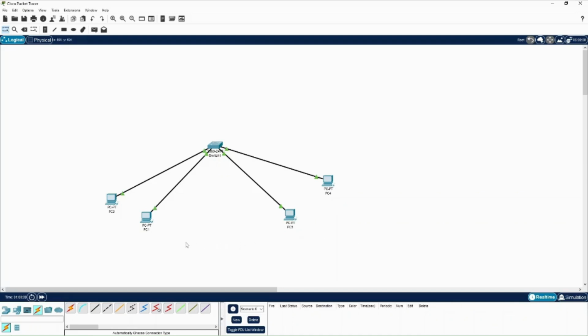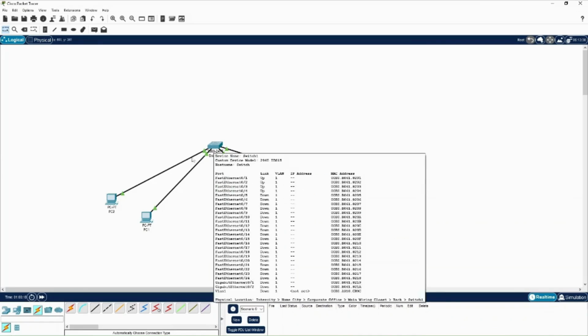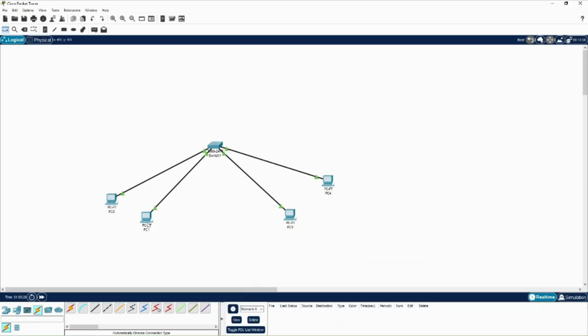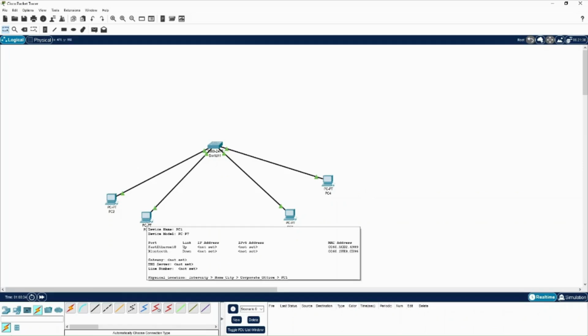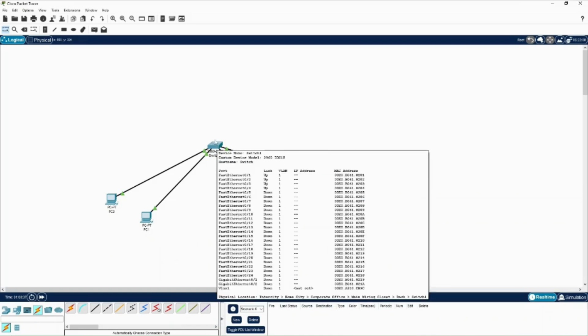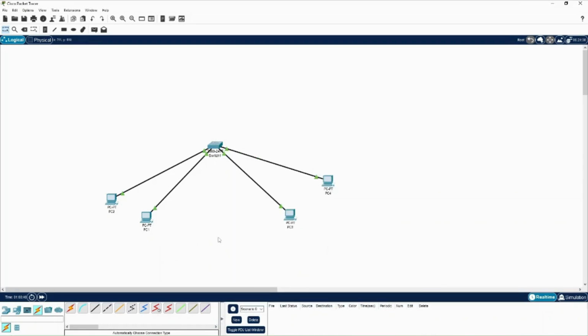So when they say broadcast, when PC1 sends a broadcast to the switch, maybe it wants to send some data to this PC. All these computers are connected to one switch. But if this computer sends any broadcast to the switch, this switch will limit the broadcast from going to these two computers because they are on a different VLAN.